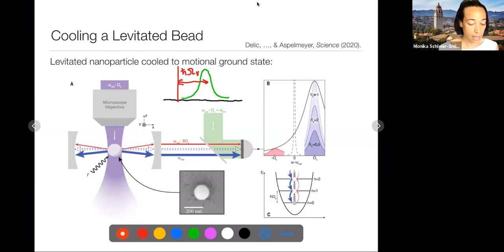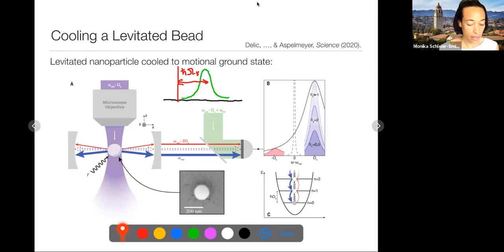Because of this resonance feature, the atom, sorry, the bead, will preferentially emit a photon of a higher energy than the light they're sending in. The photons get scattered into this resonator, overall higher energy photons get scattered in, and correspondingly the energy goes down this ladder of oscillator states all the way into the ground state.